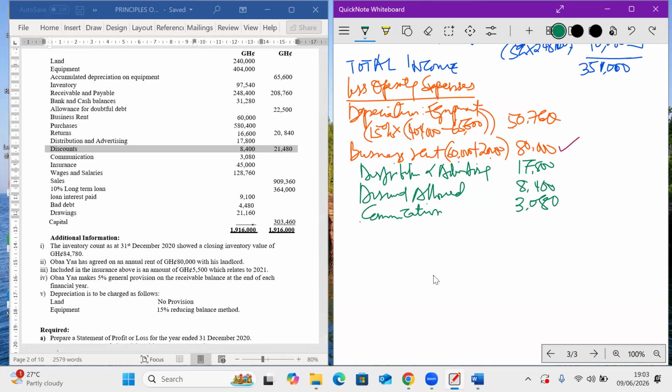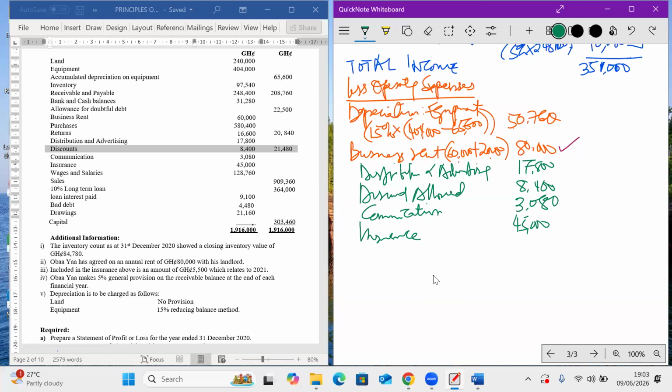Then we go with what? Insurance. What is insurance? 45,000. But what is insurance in the trial balance saying? Included in the insurance above is an amount of 5,500, which relates to 2021. Which year financial statements are we preparing? 2020.